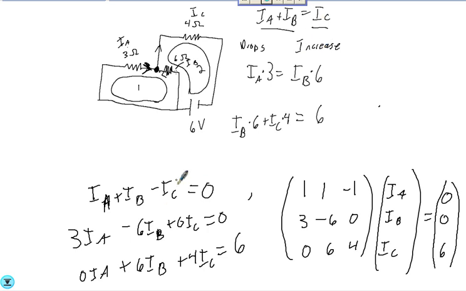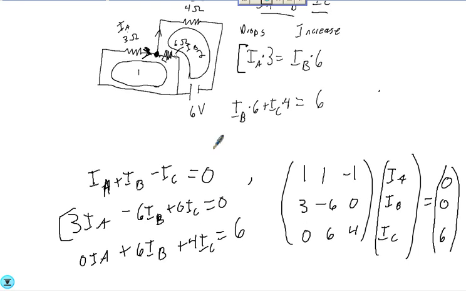And then I moved the IB times 6 over to the left side, and I also included a 0 times IC in this middle equation, which I got from this one, also equaling 0. And then for that last equation, there was no IA in it, so I said 0 IA, and then the rest of the stuff.